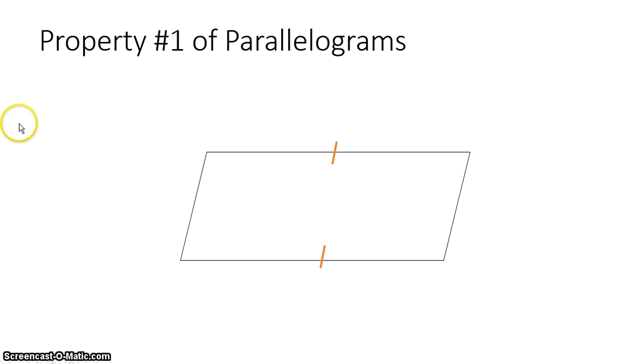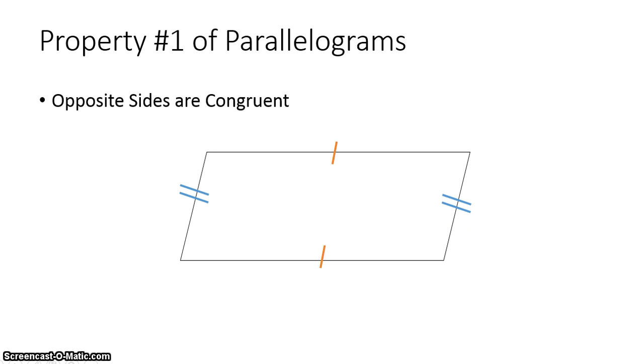The first property, which we've already discussed, but we haven't really recorded it, is that opposite sides are congruent to each other. So I always know anytime they tell me I have a parallelogram, that means that the opposite sides are going to be the same.